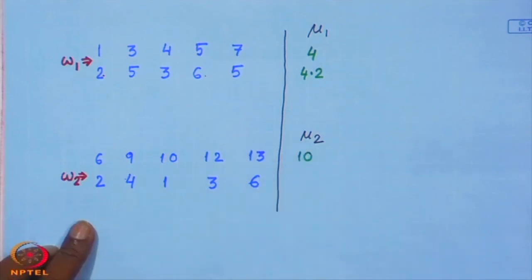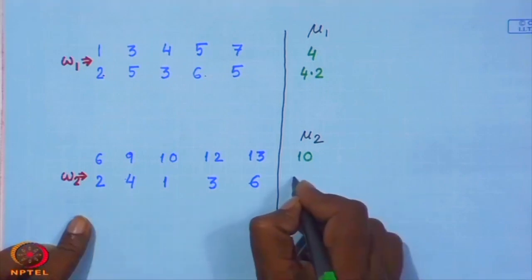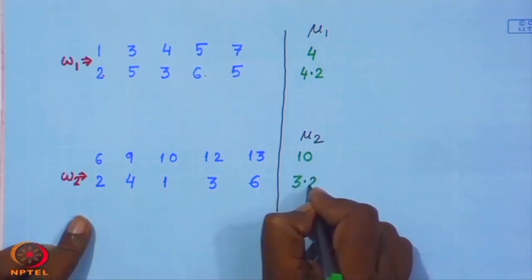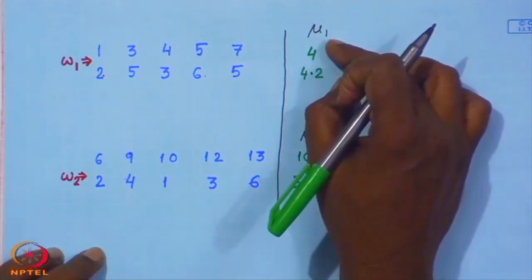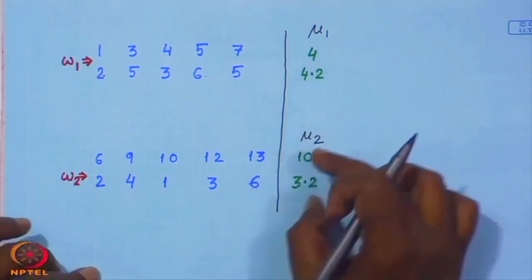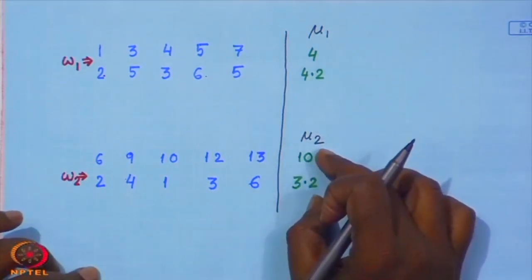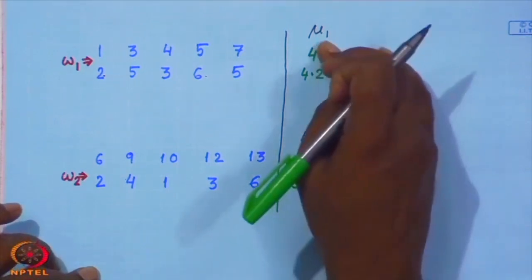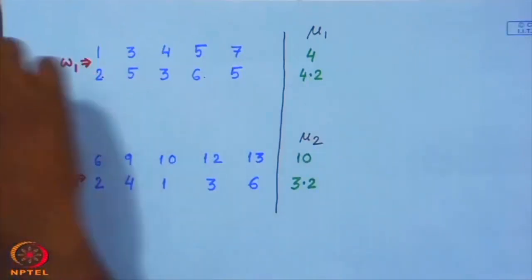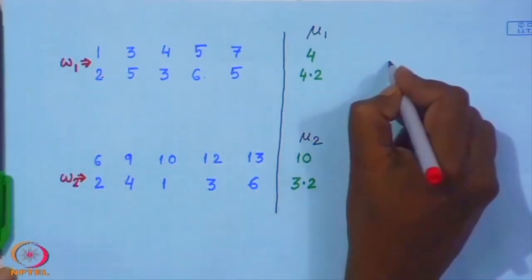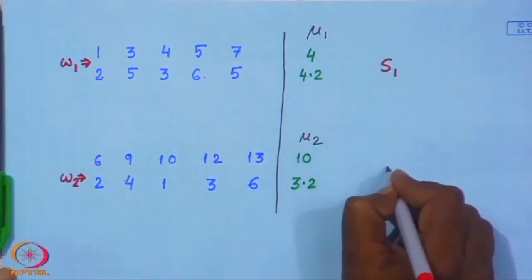In the same manner the second component is 3.2. Once I have these two means, I have to compute the scatter of the feature vectors belonging to class omega 1 and class omega 2. That means I have to compute S 1 and S 2.